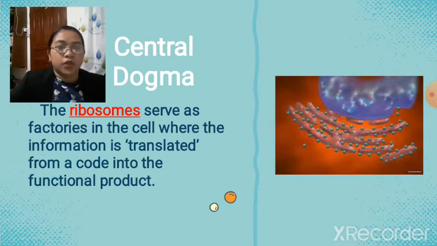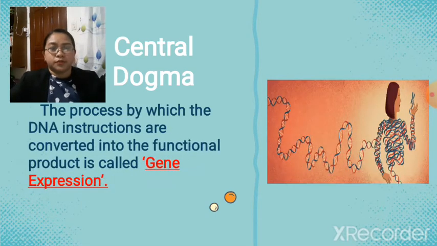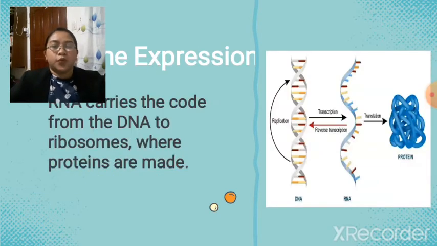These are called the ribosomes. And the process by which the DNA instructions are converted into a functional product is called gene expression. When we say gene expression, RNA carries the code from DNA to ribosomes where proteins are made.